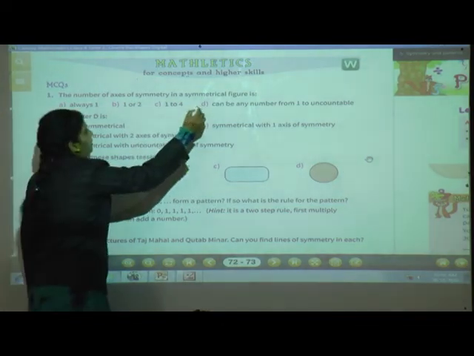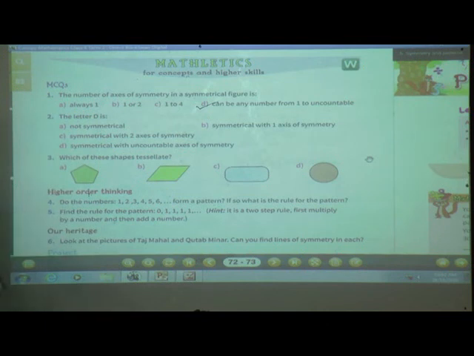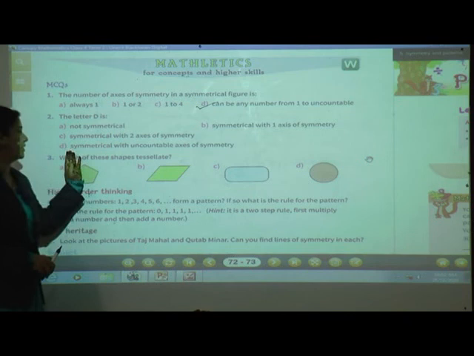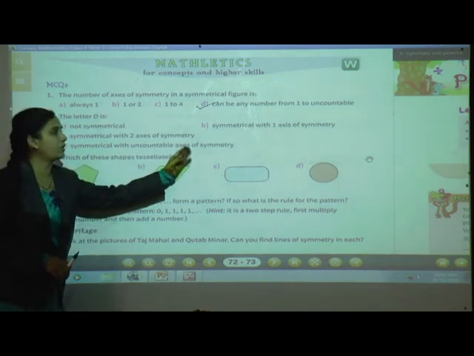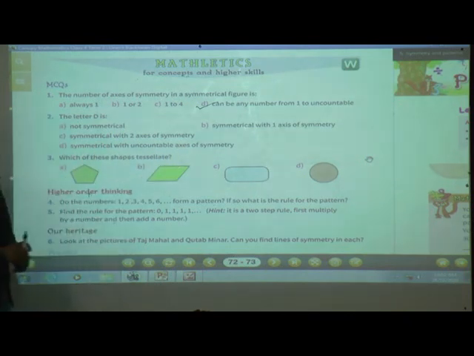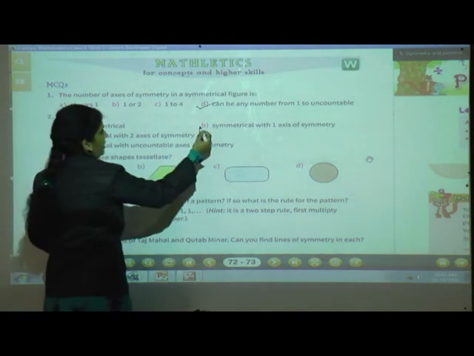Okay. Now the letter D is, tell me the answer. Not symmetrical. Symmetrical with one axis of symmetry. Symmetrical with two axes of symmetry. Symmetrical with uncountable axes of symmetry. What is the answer, students? Yes, B, one.